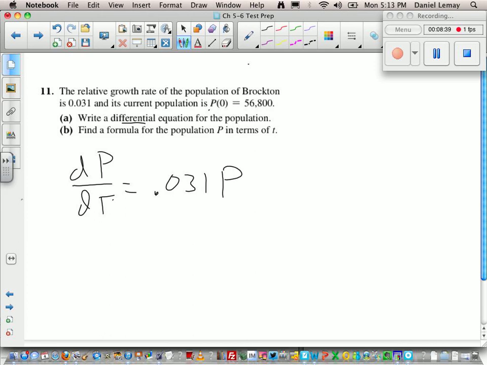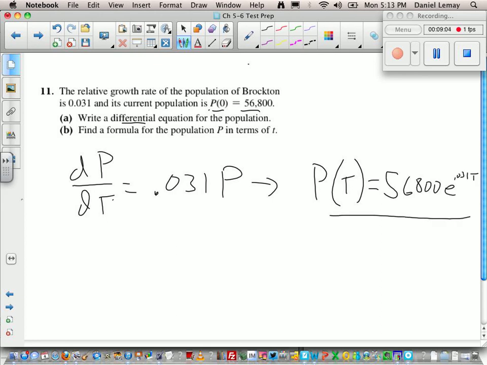Alrighty, this one is a differential equation. There is one of these on the test. So if they want us to write a differential equation, we have to write dP, because that's the variable, dt equals, now they're telling us the constant right here, so I can write that in. If they didn't tell us the constant, I'd have to write a k.